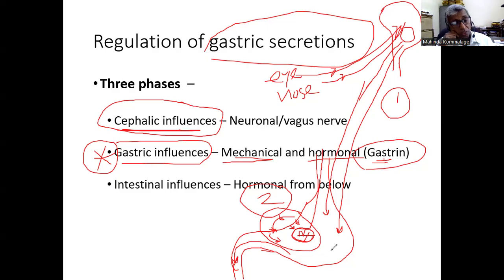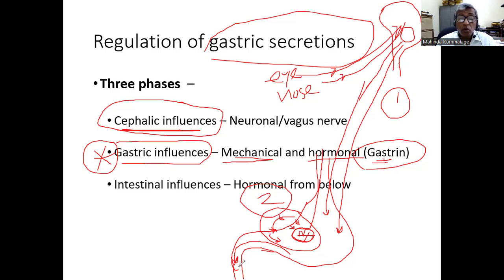It should be reduced, it should inhibit. Because if the acid secretion or gastric secretion continues, that might harm the stomach, that might digest or damage the wall. So now it inhibits the gastric secretion. When I say gastric secretion, it includes the acid and other secretions, right?